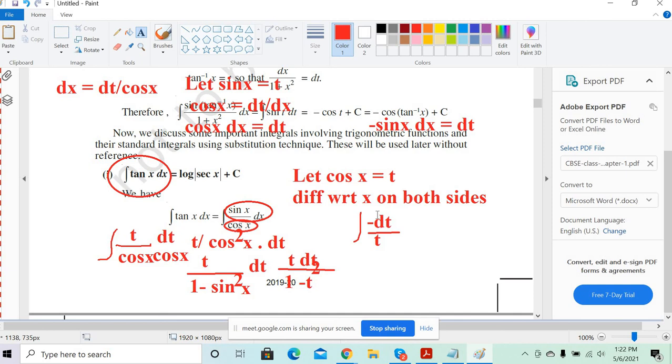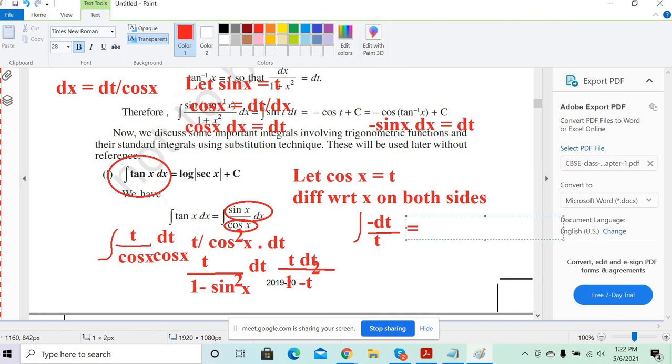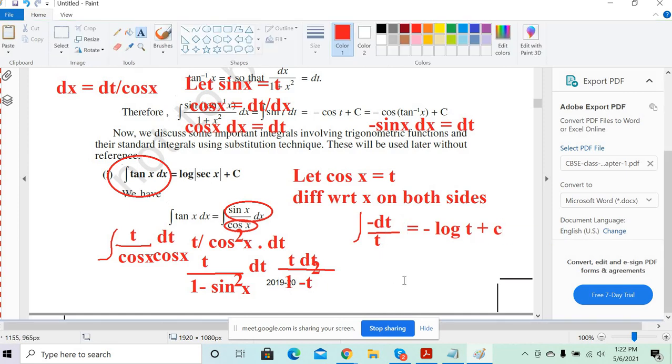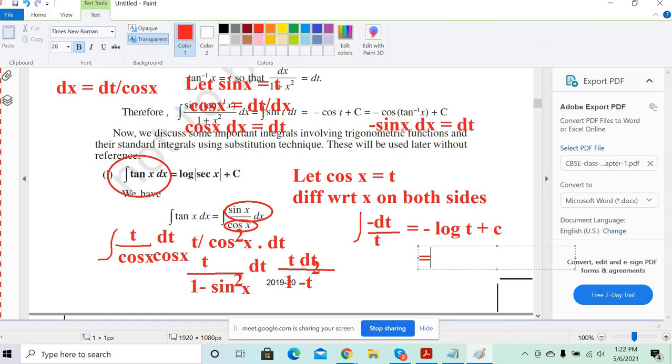Now what is the integration of 1 by t? It is log t, so minus log t plus c. Isn't this so simple now? Now I'll replace t, which was cos x, so minus log cos x plus c, correct?